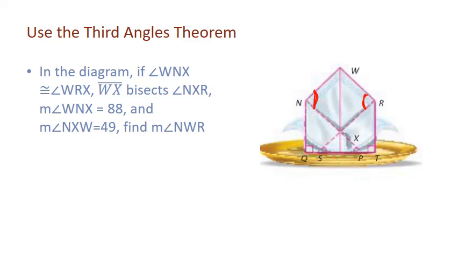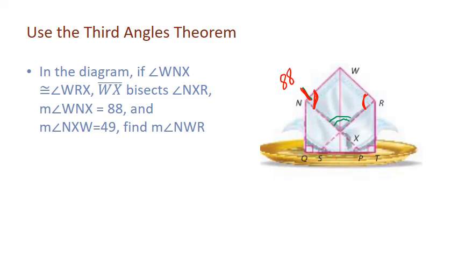Put this in a different color. So we've got this angle, NXR, is being bisected by WX. And then we're told the measure of WNX, this angle right here, maybe I should put that in a different color, go back to the red. This angle right here is 88.